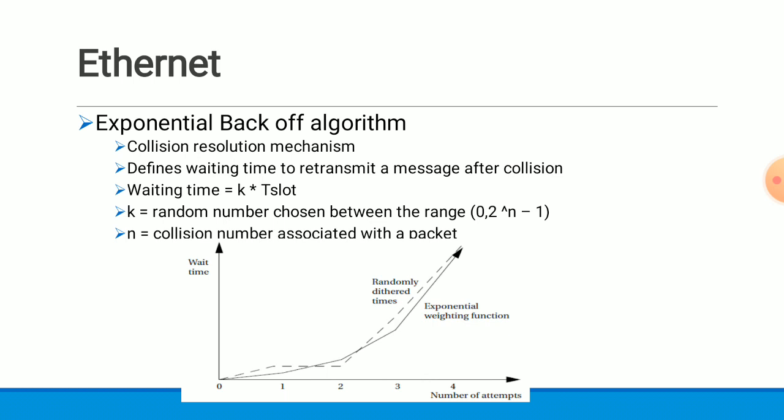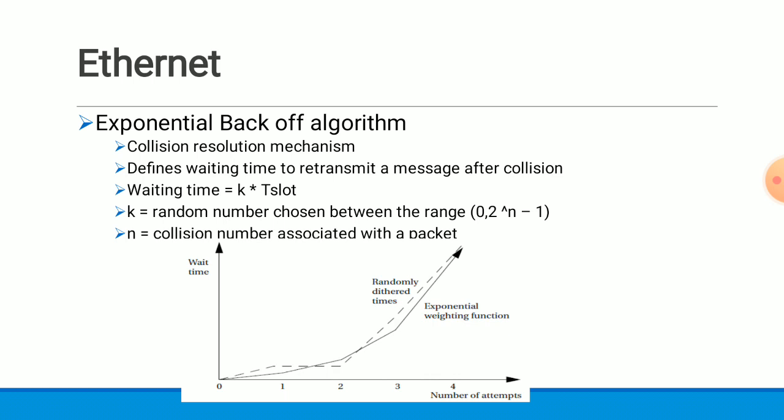In this algorithm, the waiting time period for a node or a station is given as k into T slot, where T slot depends upon various parameters. Suppose small letter t is the maximum propagation delay in the network.